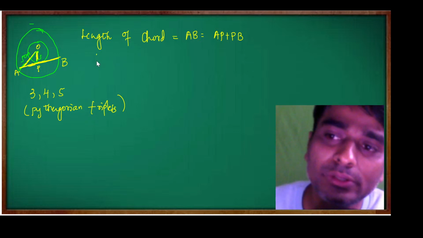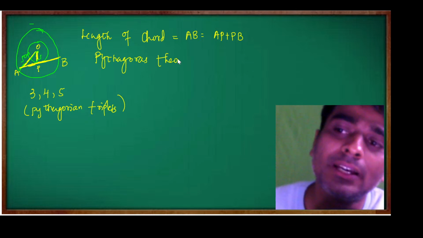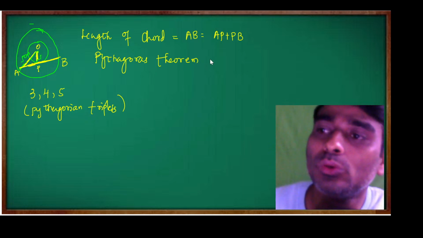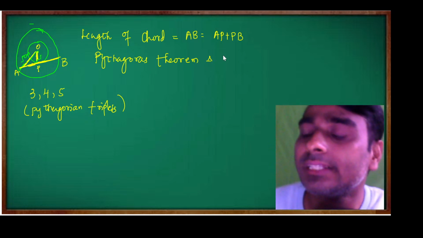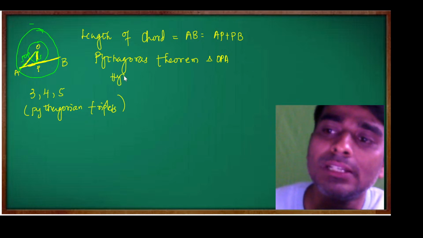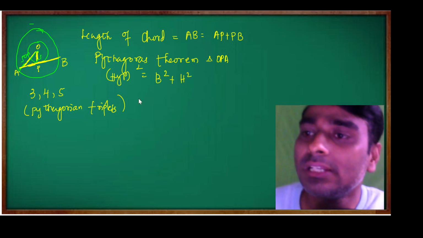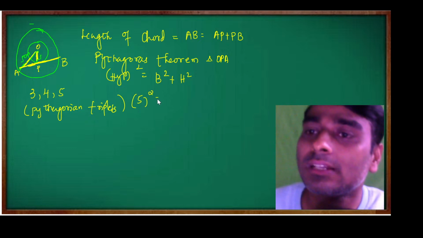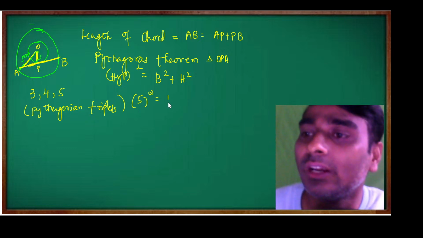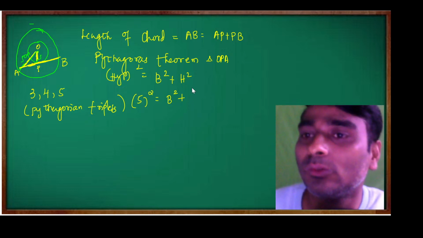So we are going to use Pythagoras theorem. You have to show this. So using Pythagoras theorem to the triangle OPA, you have hypotenuse square equal to base square plus height square. Hypotenuse is given 5 square, then base you want to find out, so write it as b square only, or you can take x also, no problem.